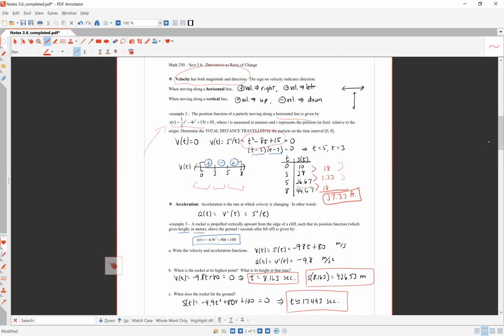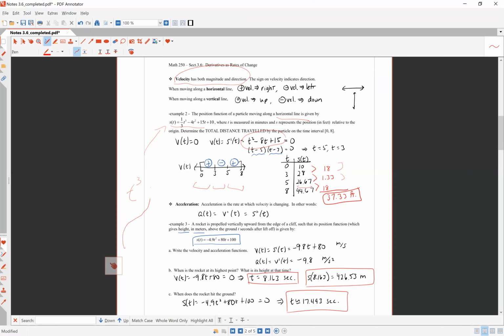There we had to take into account the fact that we had to find out where we're changing directions. So what I said before, here a velocity of 0 means we change directions. But if your position function is just t cubed, you can get 0 velocity, and the function can still be going up, so you're not actually changing directions.